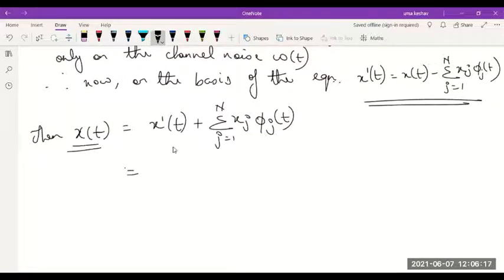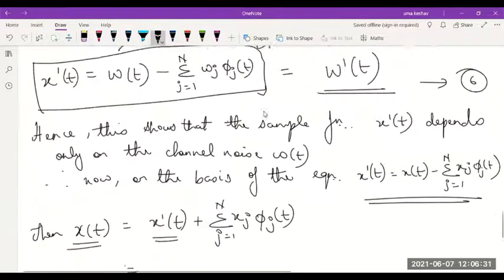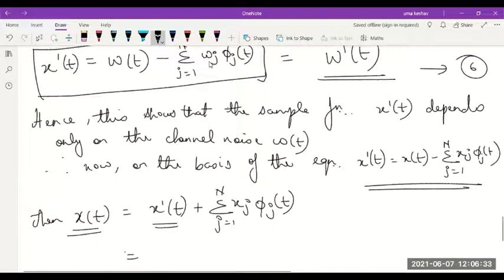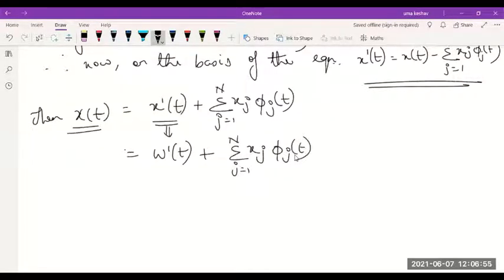What was x dash of t equal to? We showed x dash of t is nothing but w dash of t. And what is w dash of t? W of t minus summation wj into phi j. And what is wj? Integral w of t phi j of t in the range 0 to t. Please remember each of this. So I can replace x dash of t with w dash of t plus summation j is equal to 1 to n xj into phi j of t, right?